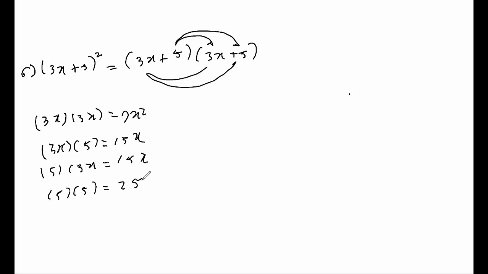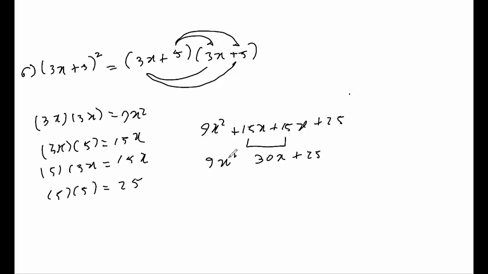And as usual, we'll just put it together. 9x squared plus 15x plus 15x plus 25. And this is 30x plus 25, and then 9x squared.